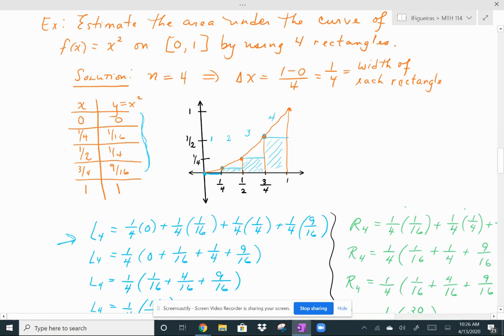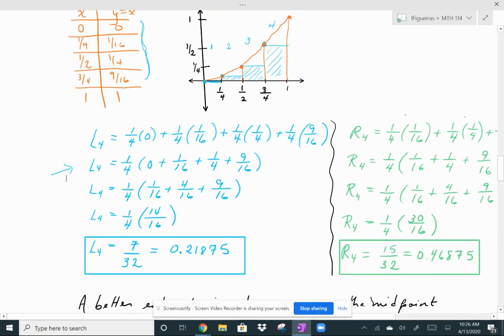Well, my width is the same all throughout, so I'm going to factor that out. So I have 1/4 times 0 plus 1/16 plus 1/4 plus 9/16. Then I need a common denominator for the expression inside of the parentheses. So I get 1/4 times 1/16 plus 4/16 plus 9/16, which is 1/4 times 14/16.